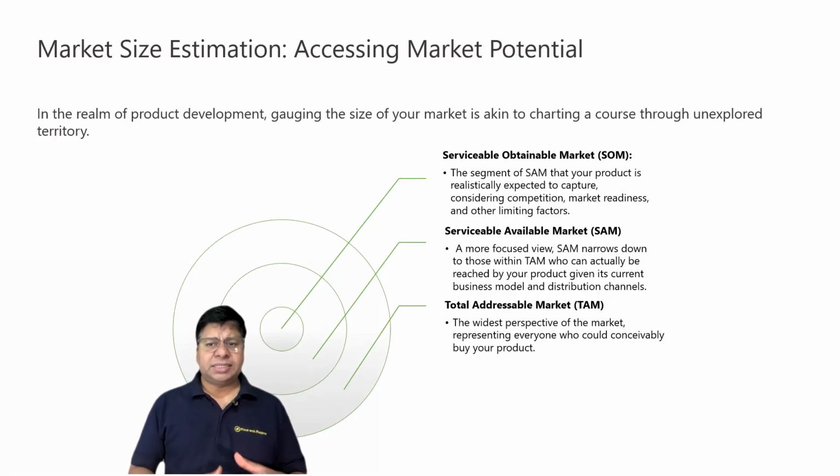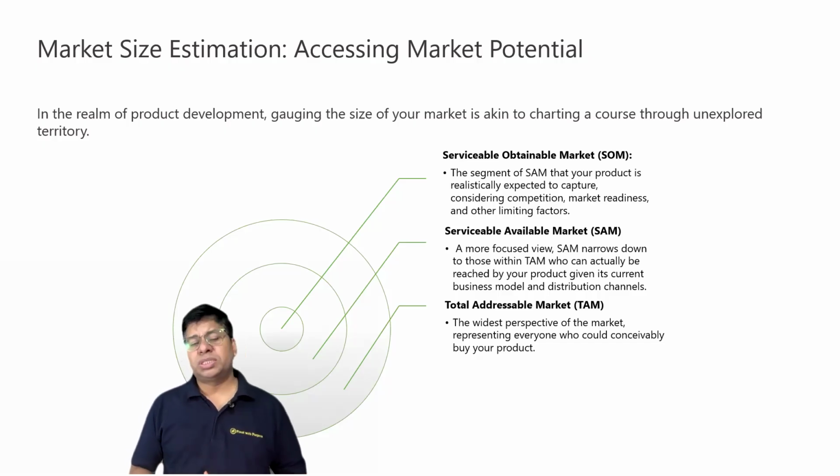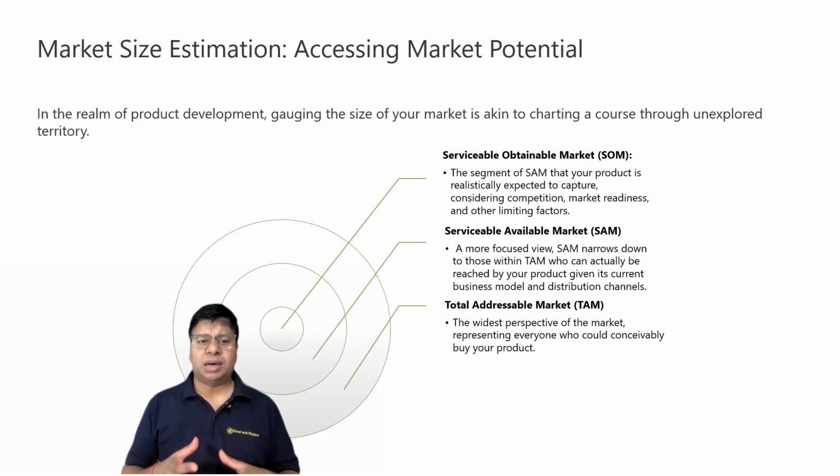This exercise isn't just about numbers, it's about clarity. It tells you whether your idea is a niche play, a mass market bet, or something in between, and what kind of resources and strategy you will need. These numbers will tell you a lot about your product and your available market.